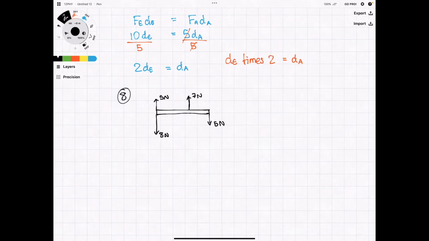They've told us that this distance here is 1 meter, and that this distance here is 2 meters. Okay, and they've labelled for us this end is X, this here is Y, and this end out here is Z. Okay, so we've got 3 points.